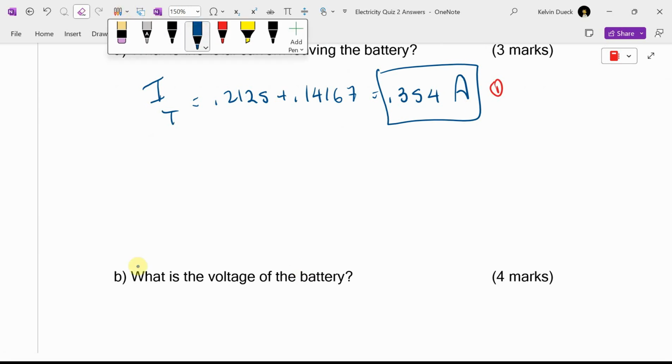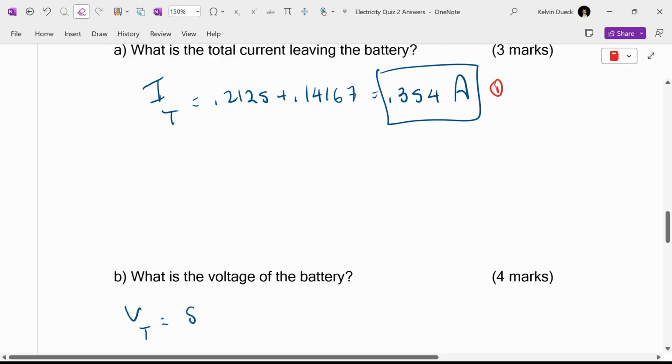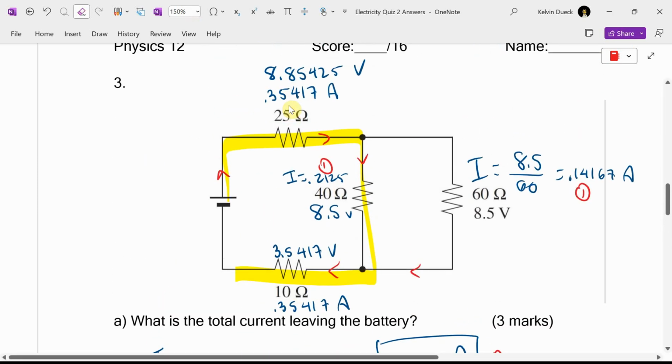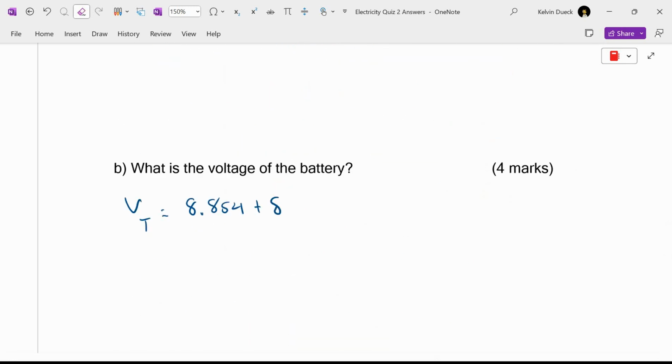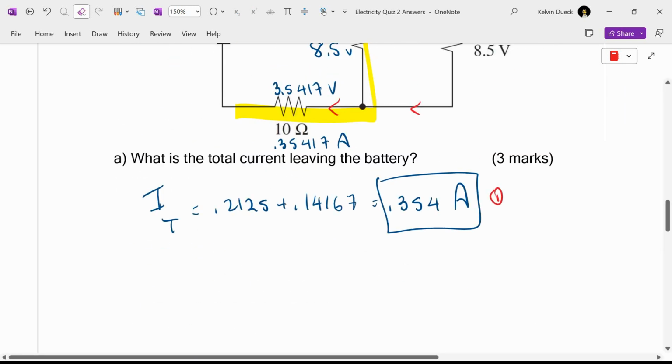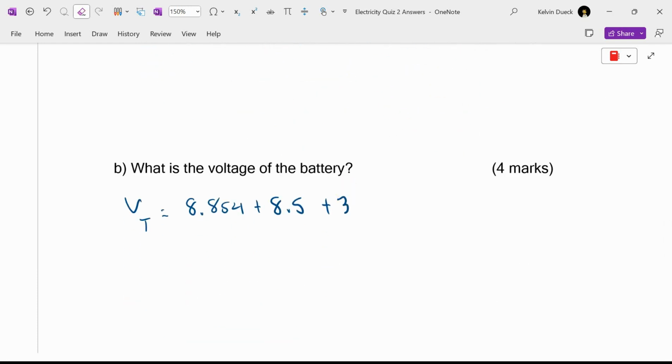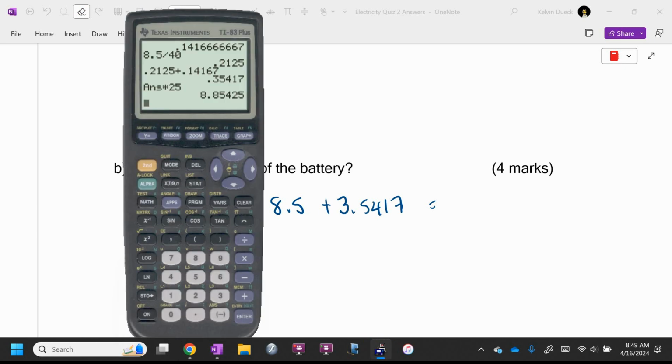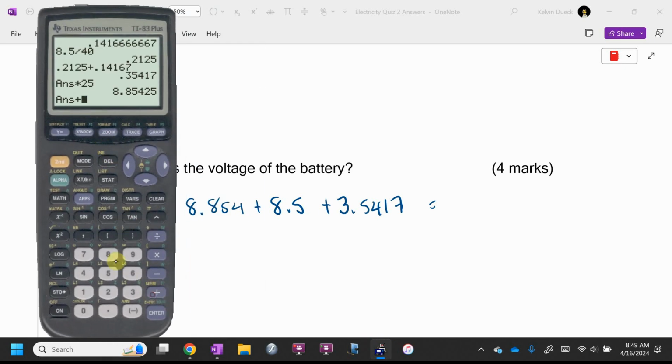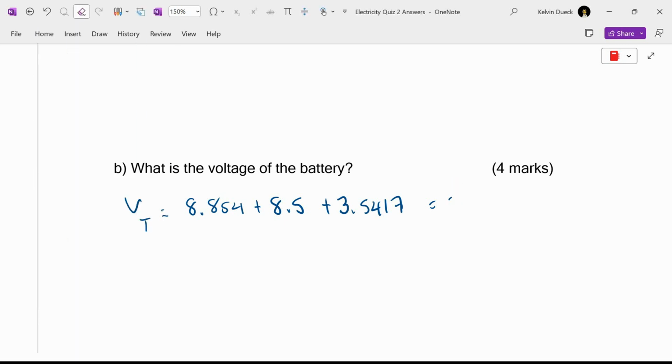The total is going to be 8.854 plus, I think that was one number, 8.5 even, plus 3.5417, plus 8.5, plus 3.5417, and I get 20.9 volts. Is that correct? So 4 marks for that.